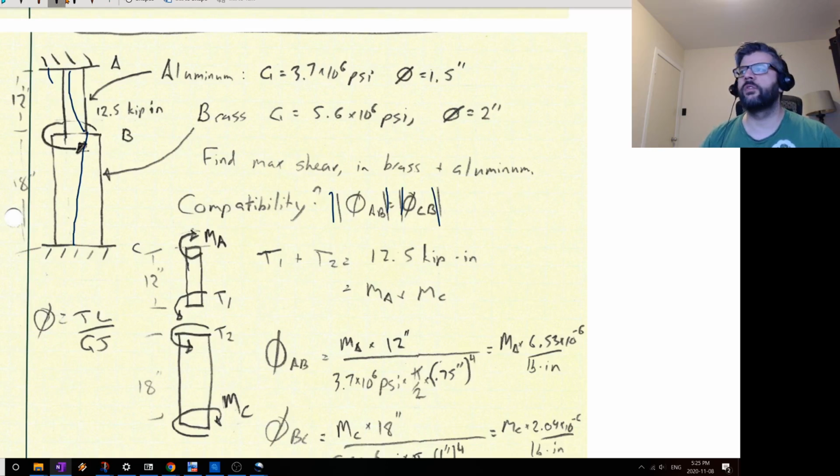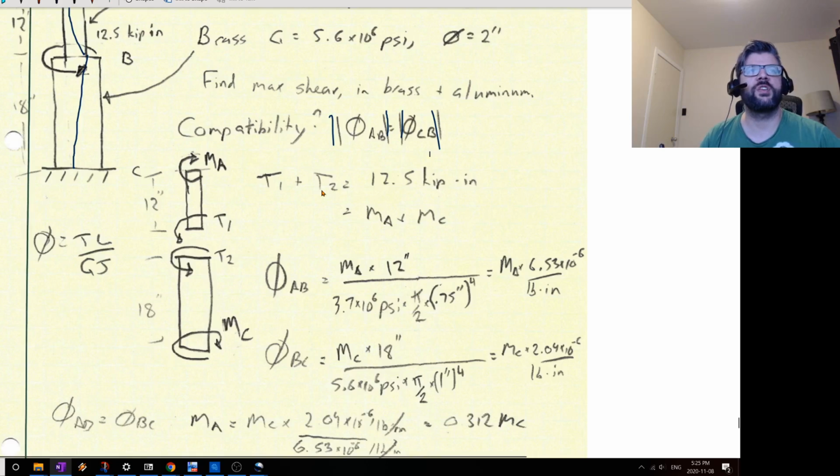So just redrawing free body diagrams of these things. We're going to get a reaction at A, we're going to get a reaction at C, and in the middle we're going to get some sort of torque.